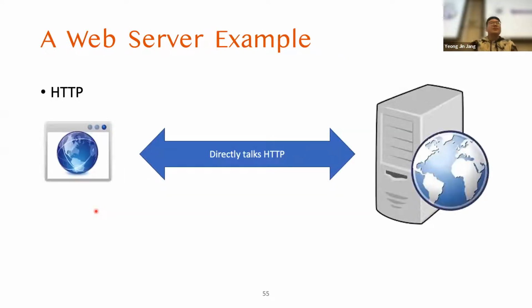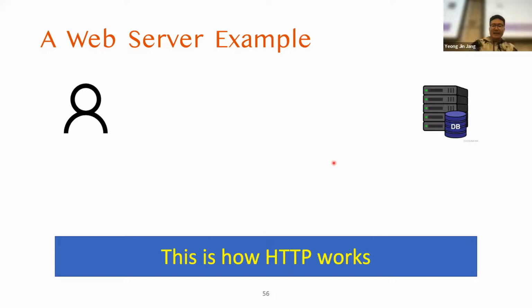So let me show you an example of how HTTP works. There's your web browser and a server, and in HTTP it talks directly to the server. Suppose I want to get the root page of the website from the server, then I will send a GET HTTP message like this.